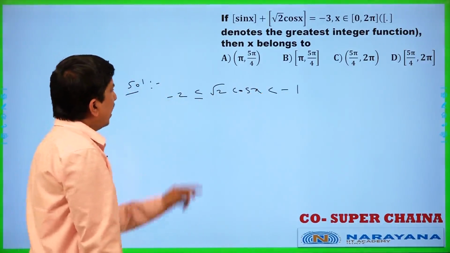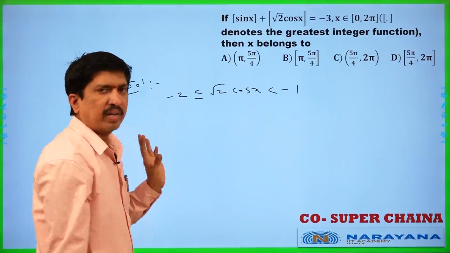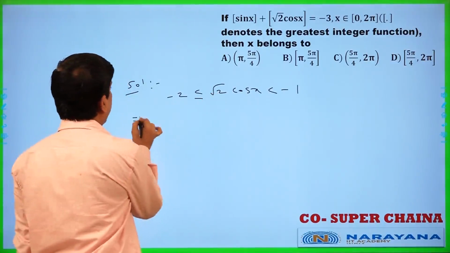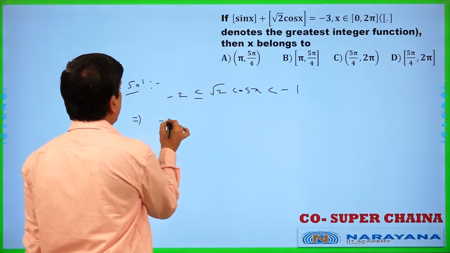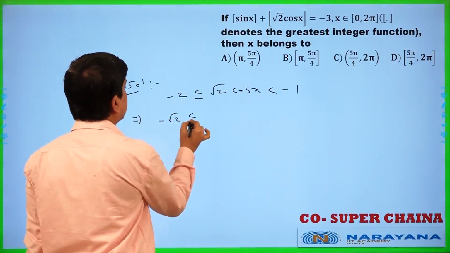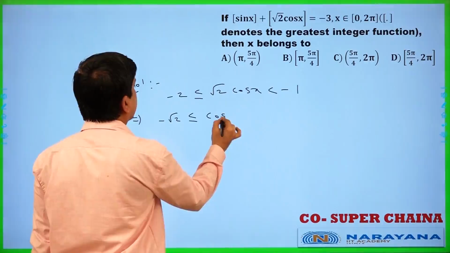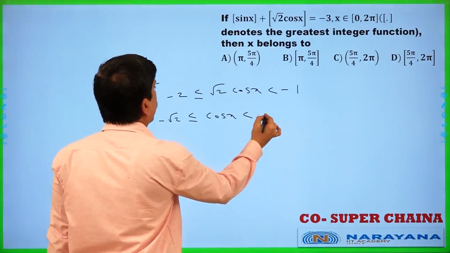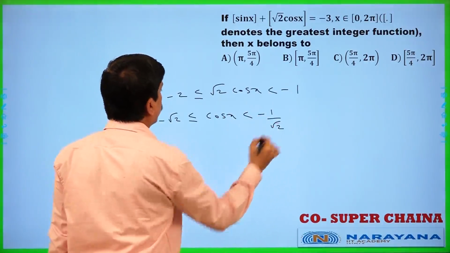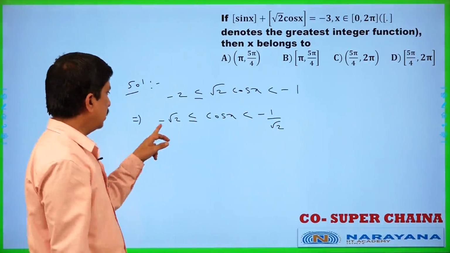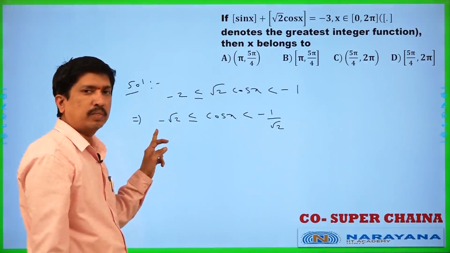Now I will take this root 2 to that side, I require cos x only. Now this implies minus 2 by root 2, that is minus root 2, less than or equal to cos x less than minus 1 by root 2 only. But cos x equal to minus root 2 is not possible.